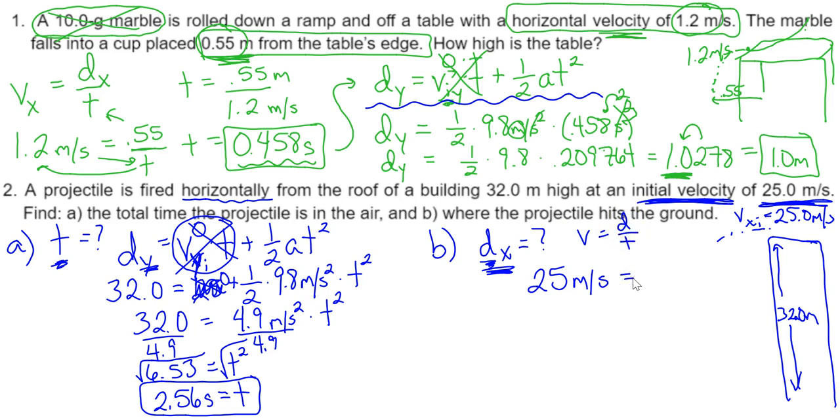So 25 meters per second is equal to my distance in the x direction divided by the time spent in the air, which was 2.56 seconds. Okay, so go ahead and multiply both sides by 2.56.